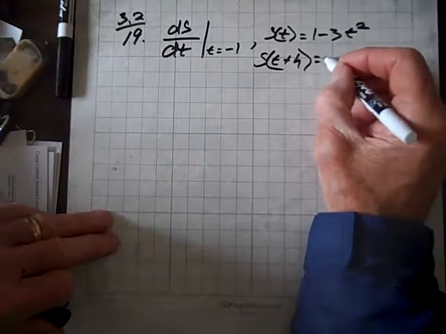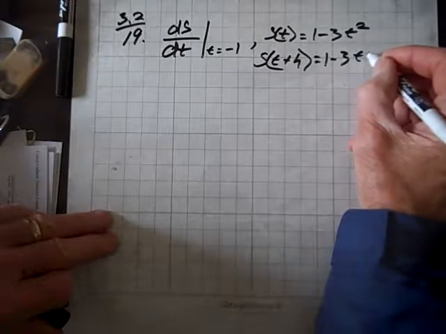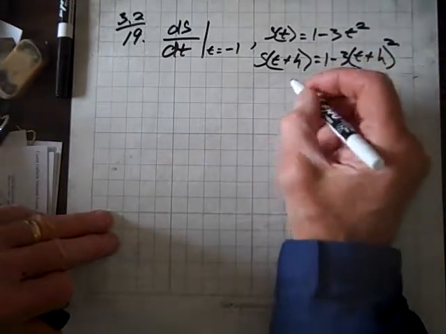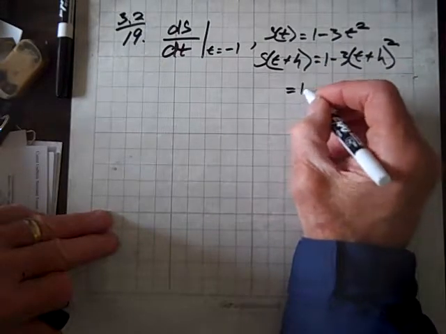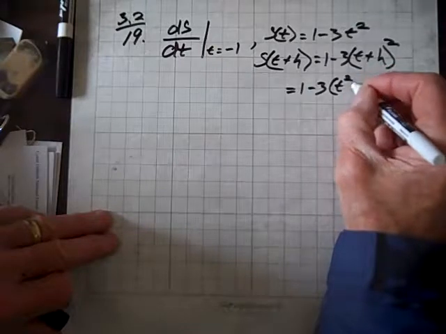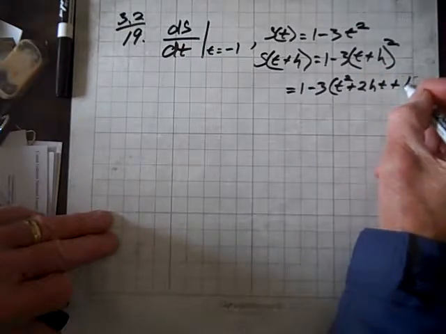And that's going to equal 1 minus 3 times t plus h squared, but you already know that's going to be 1 minus 3 times t squared plus 2ht plus h squared.